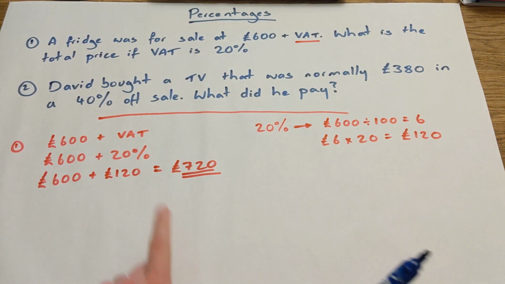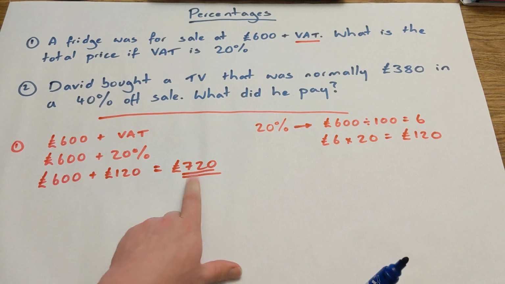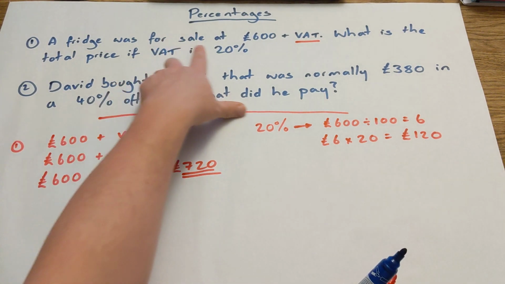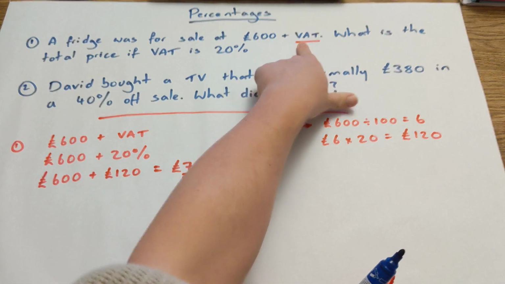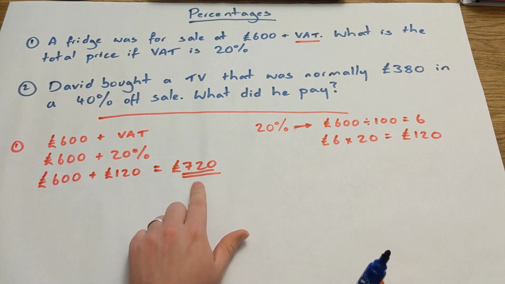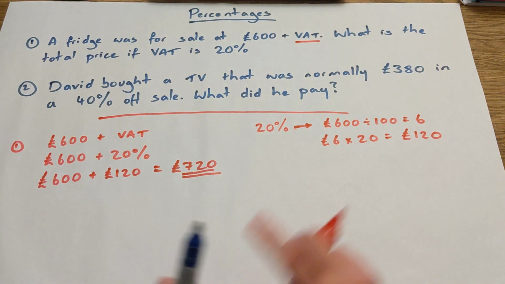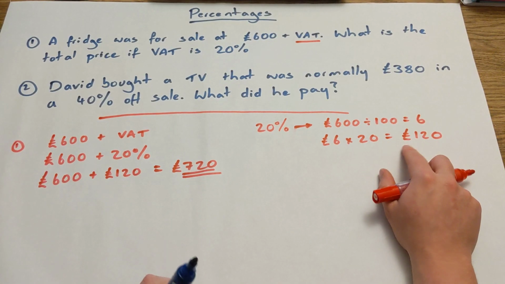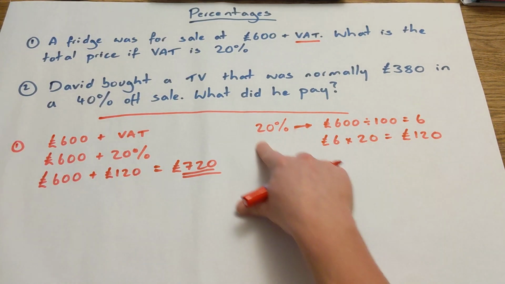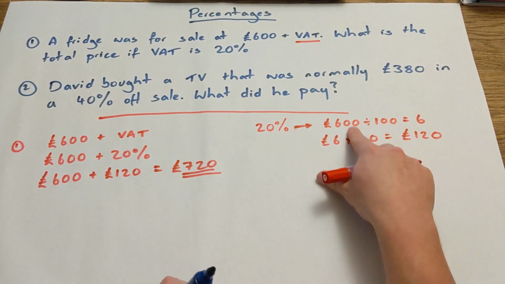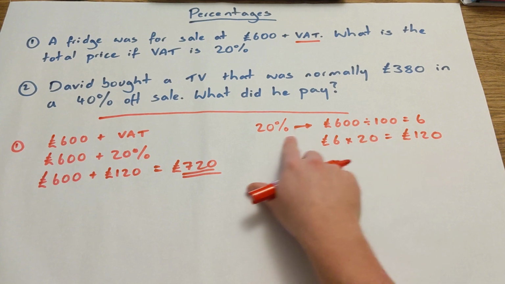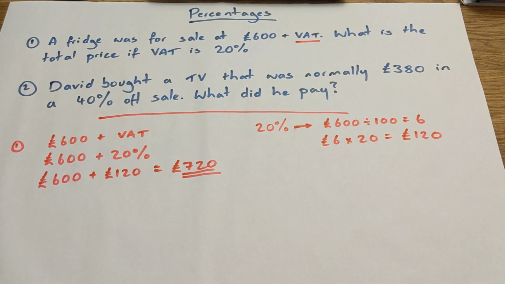Okay? One way we make sure that's right, just a quick little check, is that it was £600 plus VAT, so our total needs to be bigger. We need to add on that 20%, but that 20% we work out exactly the same way we'd work out any percentage. You could do it the other way we looked at.